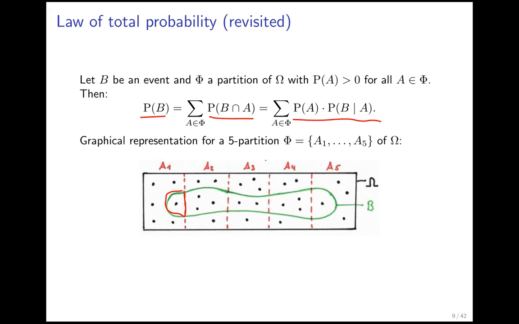And one simple example of when this is useful is the following. Imagine each of these sets A1 through A5 corresponds to a small black box, and you can't distinguish these black boxes. And the black dots, they are actually marbles in these boxes.